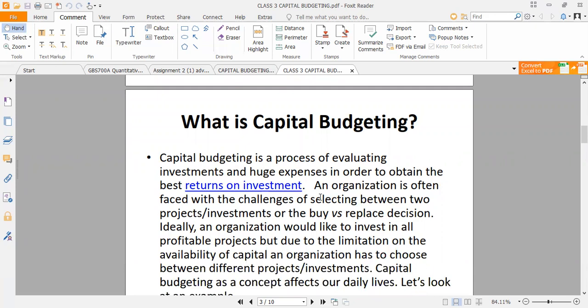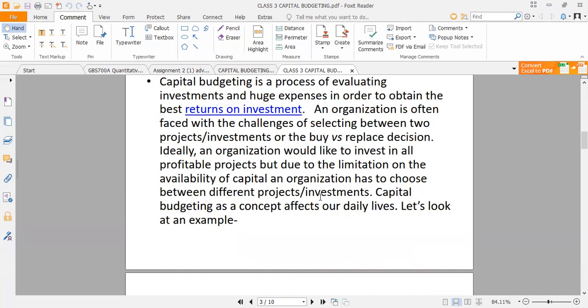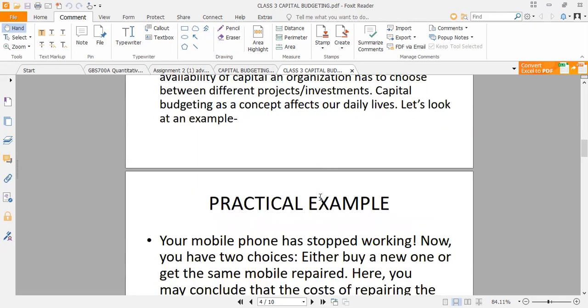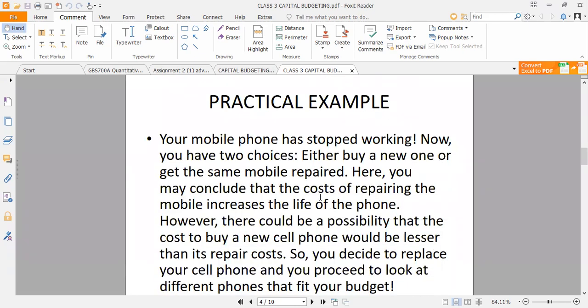Therefore, capital budgeting is a concept that affects our daily lives, because we are able to assess which investment we are going to look at. So that is what capital budgeting is all about.